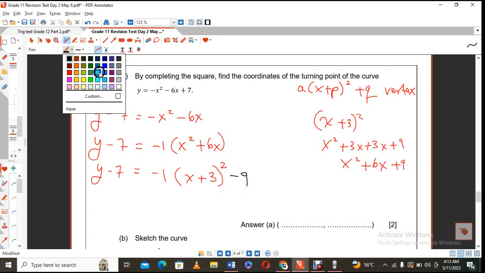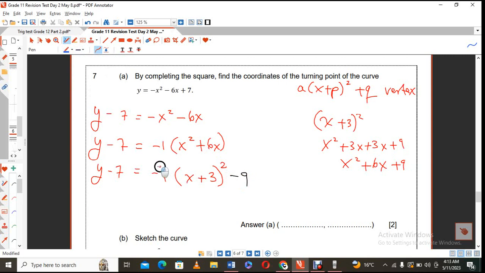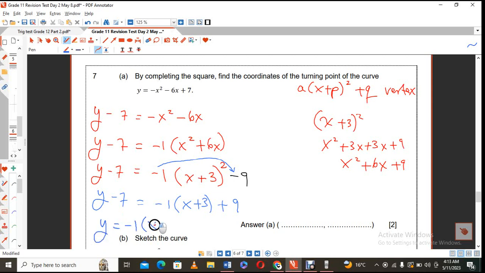Before I bring that 7 of mine back, this negative will change that, because a negative times a negative. So eventually I have y minus 7 equals negative 1, here you have x plus 3 squared minus 9. If you would say negative 1 times negative 9. So eventually y will equal minus 1, then you have x plus 3 all squared, then you have 9 plus 7.